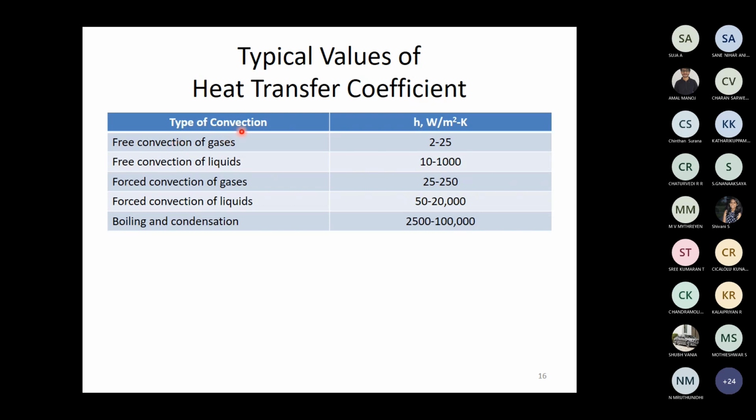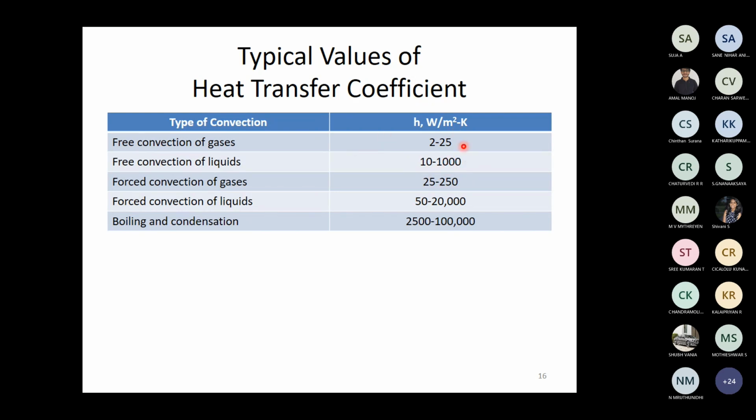That is for gas. For free convection of liquids, that means if you drop a hot steel plate in a pool of water, then the heat transfer coefficient will be in the range 10 to 1000 watt per meter square Kelvin. So you see, this is a wide range, 10 to 1000, depending on various conditions.